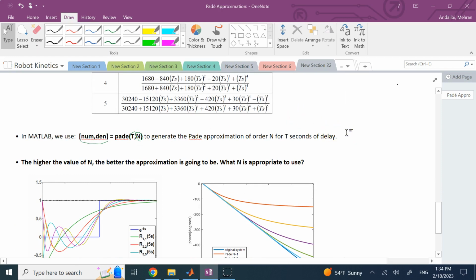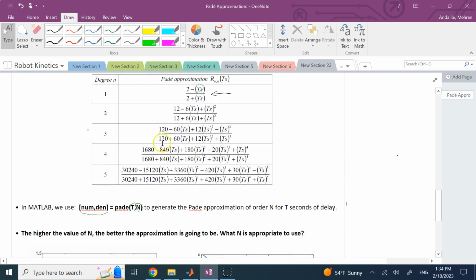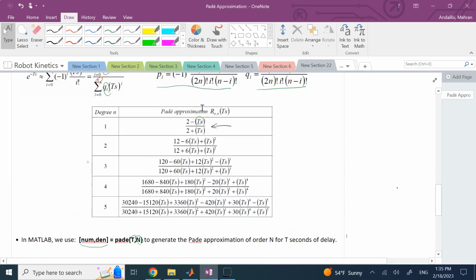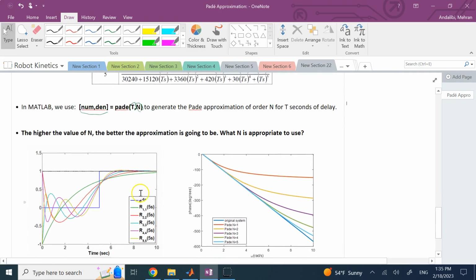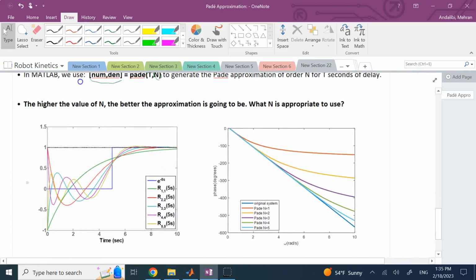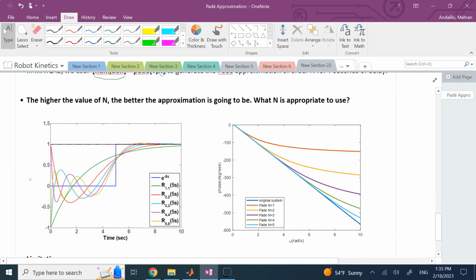So now the question is this: what order is appropriate? Now that I know I can find them, now that I know m should be equal to n, which one of these n's is appropriate? The first thing I need to show you is the higher the n, the better the approximation. Okay, it's like a Taylor series or Maclaurin series, right? The more terms you use, the better the approximation. That's the same with a Padé approximation.